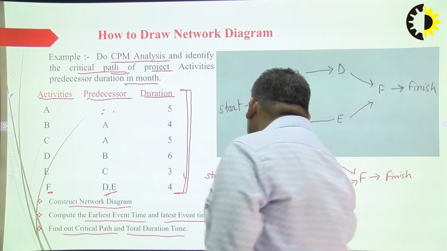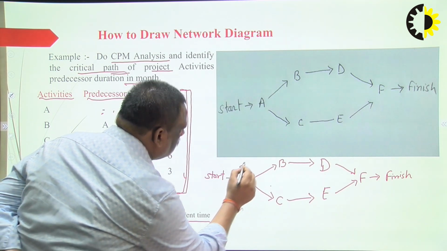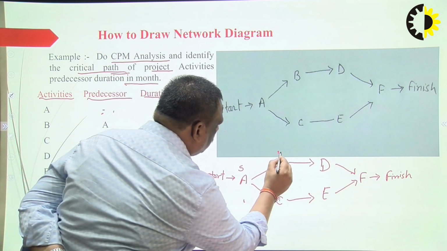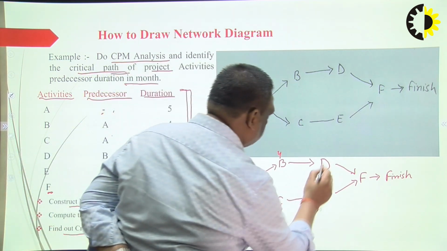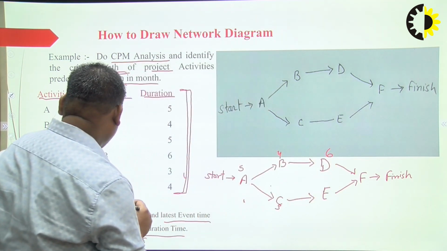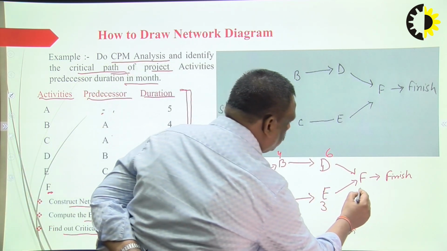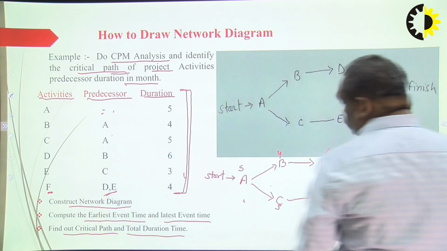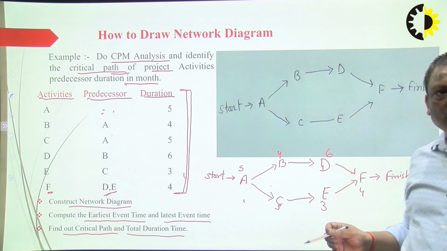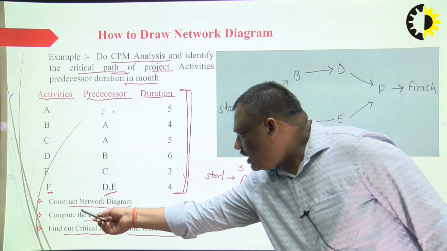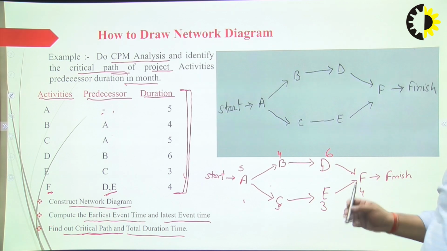So A has a 5-month duration, B activity has a 4-month duration, C activity has a 5-month duration, D activity has a 6-month duration, E activity has a 3-month duration, and F activity has a 4-month duration. So with the help of this network diagram, we find out the critical path.